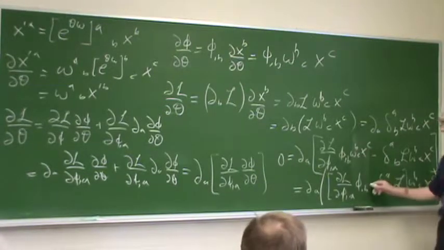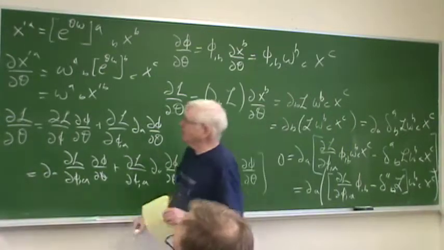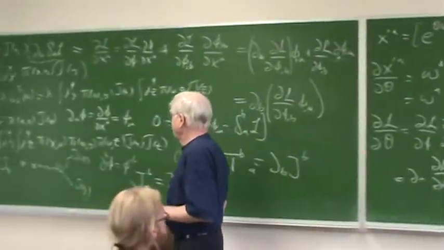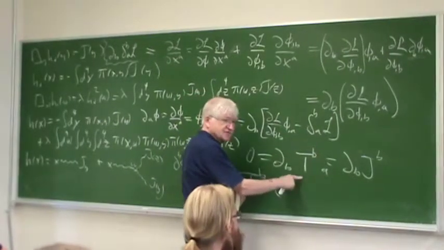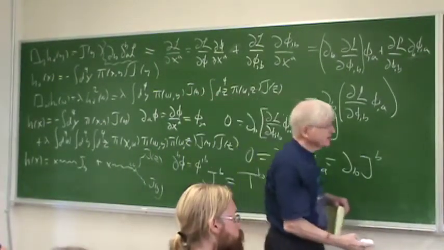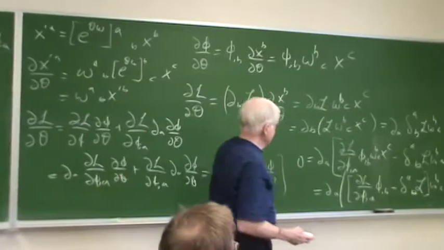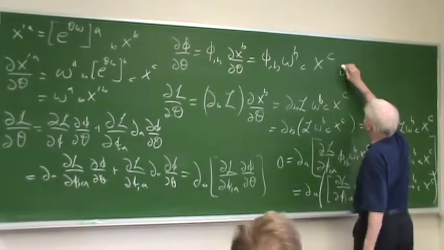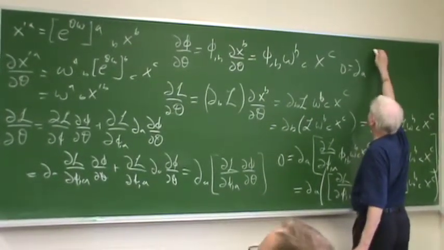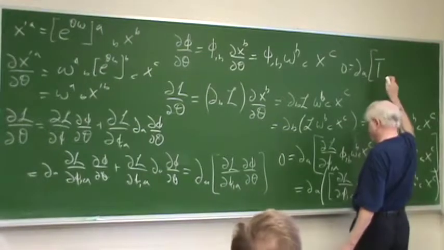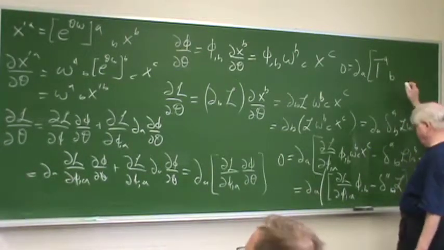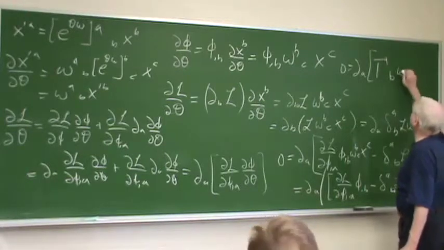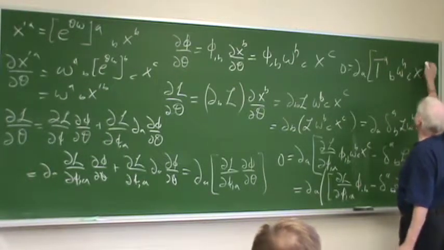Now, this, see, is what we had earlier. This is just T_BA. This is the energy momentum tensor. So the answer is then we have 0 is d_A of T_AB, d_AB times omega_BC x_C.